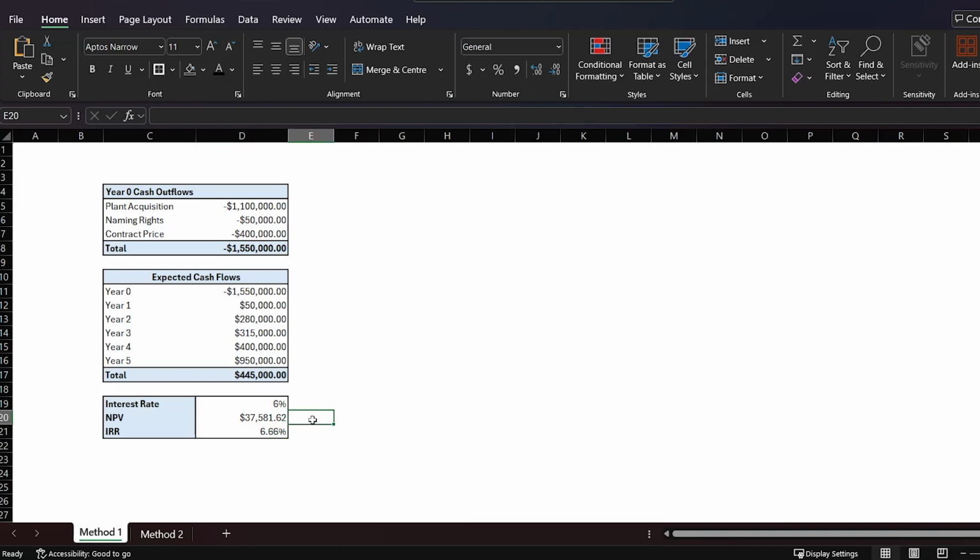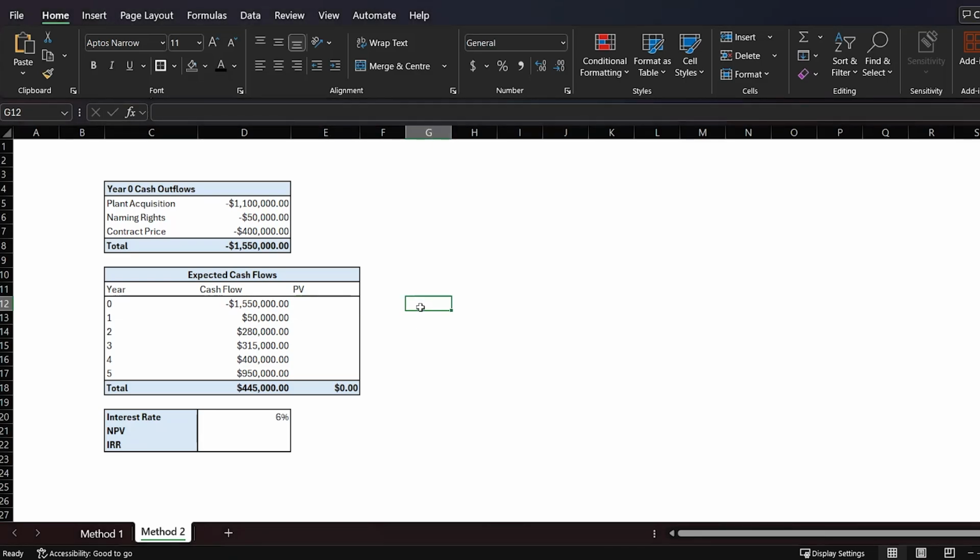Now with net present value, it suggests that you accept any project that is greater than $0. This project is $37,581, so we should accept it. Internal rate of return goes along a similar note, saying you should accept any project with an IRR greater than the discount rate, which also shows that we should accept this.